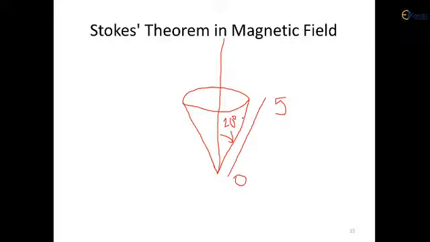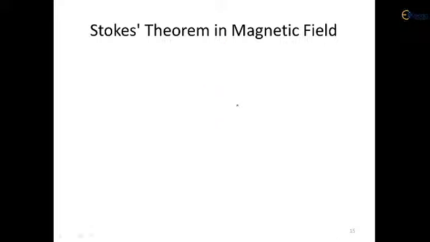So two things are constant as we are finding the closed line integral. The closed line integral will be of course on the periphery of the opening of this conical shape here. So one thing is r is equal to 5, and the second is theta is equal to 20 degrees. Only the phi angle varies, from 0 to 2 pi here.